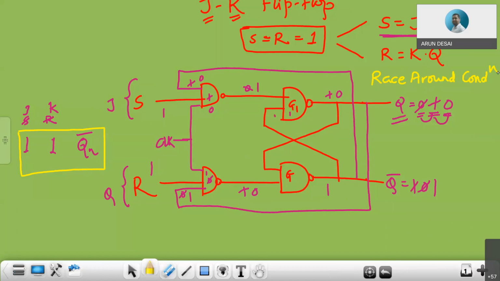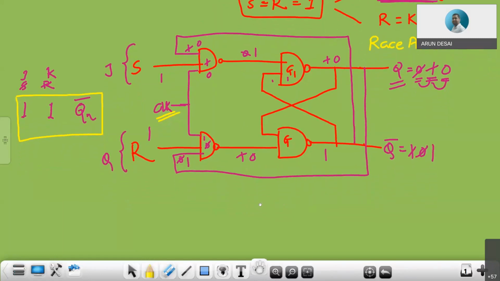Now, what is race around condition? As and when you pass input to the circuit and you pass a clock signal, right? So the clock signal is like this, a signal you pass to this.